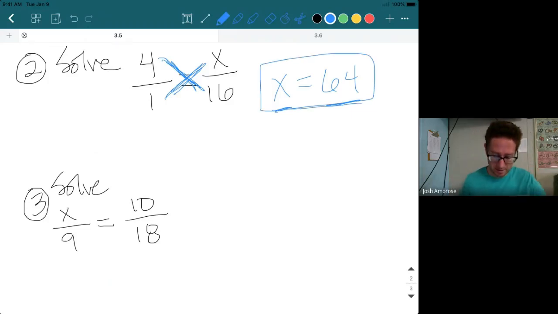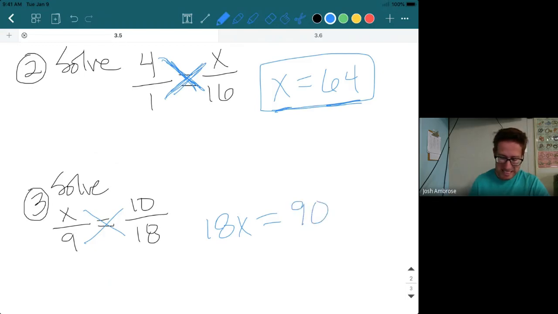All right. Let's take another look here. What if we're solving x over 9 equals 10 over 18? Jump right into it. Cross multiply. X times 18 is 18x. 9 times 10 gives you 90.